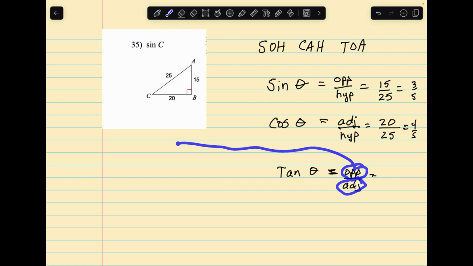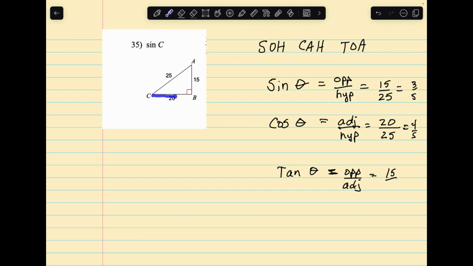The opposite would be this one, that one right there, and that would go on the top. That would be 15. And then you have the adjacent.